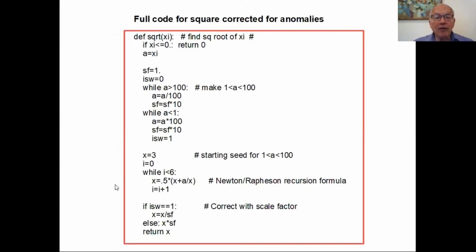So now we have our full code taking care of the anomalies. As you can see, this would be overwhelming if we had to do this all in one shot. But if we take a look, let's make use of the special features that we have here. Initially, I started off with this formula.